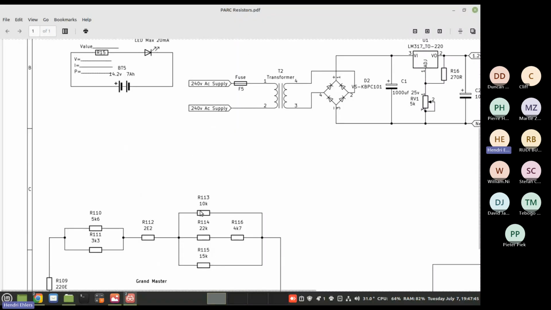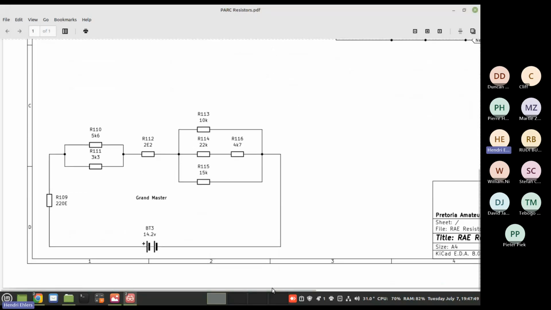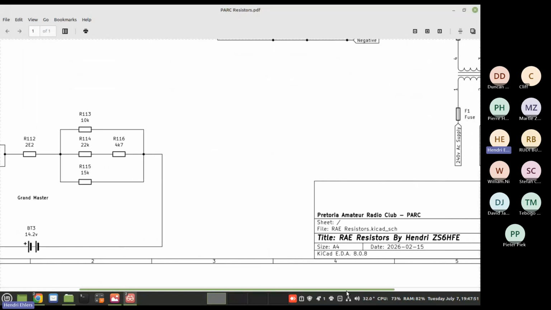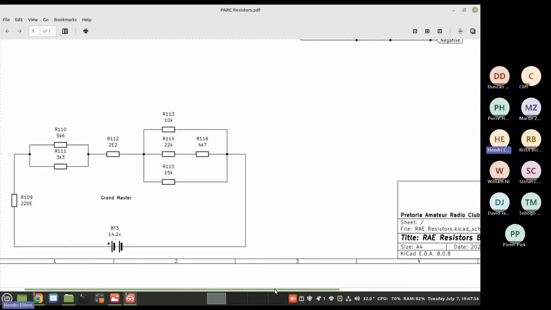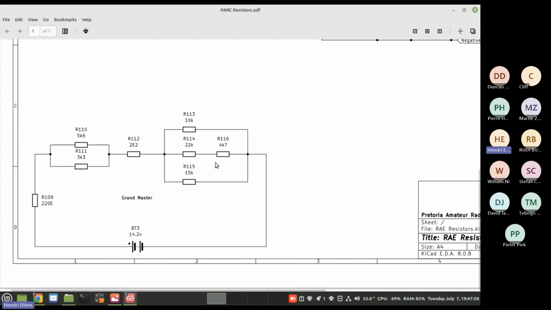Okay, the squiggly resistors we did. This particular program that I used, KiCad, to draw this, uses the square resistor, but you will get diagrams that use the squiggly thing for a resistor, so that then you also know that it's a resistor.